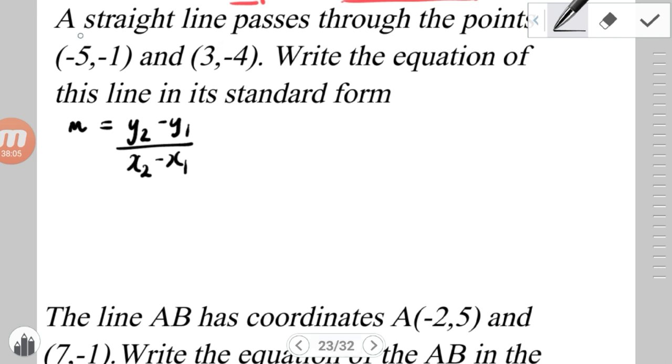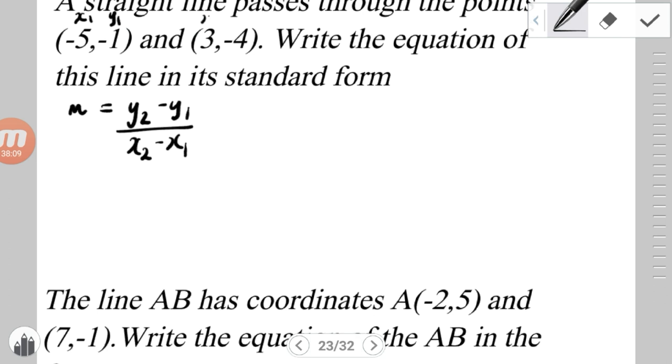Here we go, we're going to label our points: x1, y1, and x2, y2. Labeling our points, we find that m works out nicely to be y2, which is -4, take away y1, which is -1, over x2, which is 3, take away x1, which is -5.